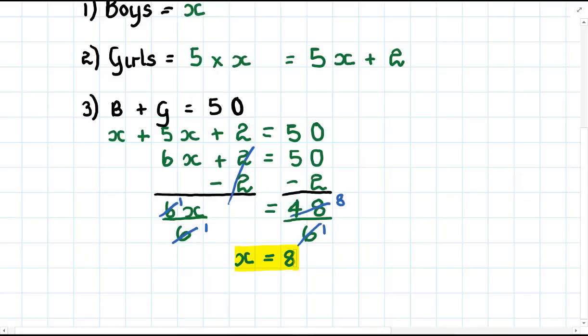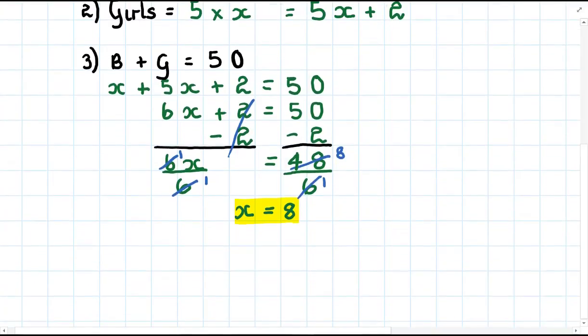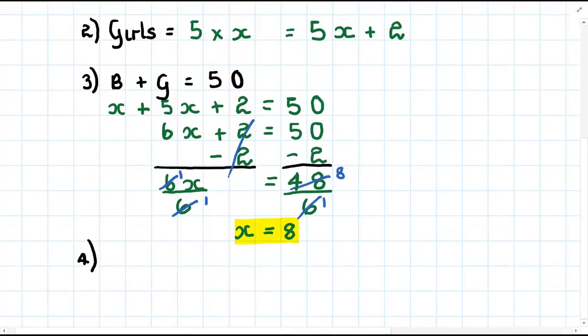So now we're going to answer the question, which is step 4. And we do this by substituting the expressions. We want to know how many girls are in the class. You can see here the expression for the girls is 5x plus 2. So where you see x, you'll put the number 8. We'll write the expression down again.